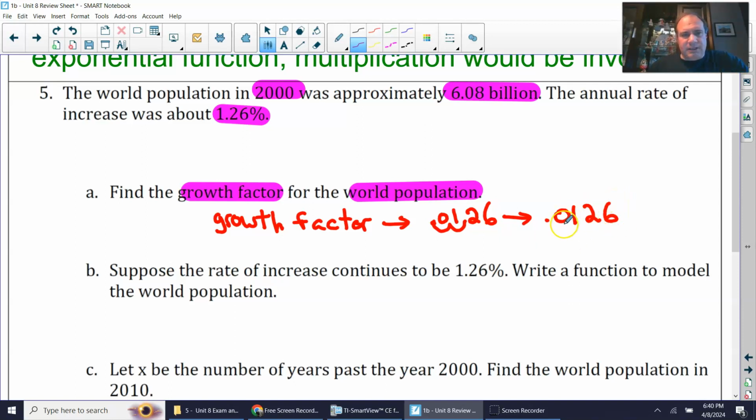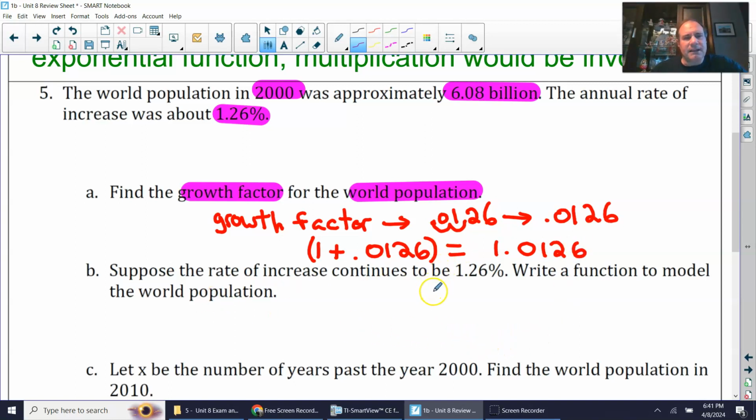So that is the growth factor. So just remember, you're putting 1 plus the 0.0126 as far as that goes, and this right here would equal 1.0126.